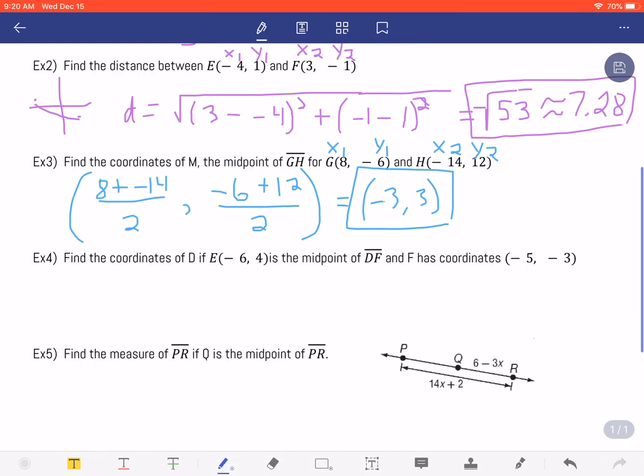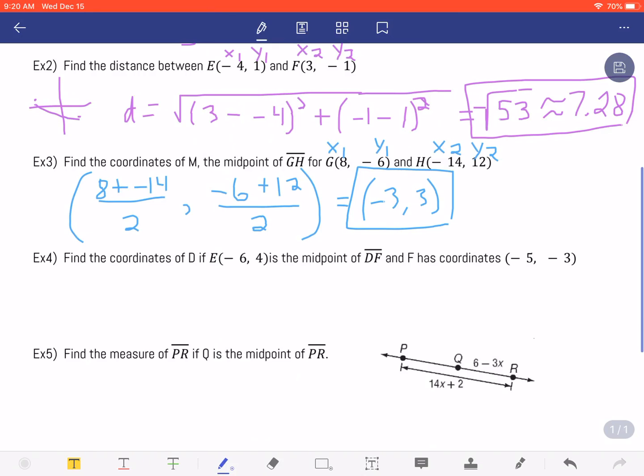Okay, example 4 says find the coordinates of D if E is the midpoint of DF and F has coordinates -5, -3. So we know the midpoint, we don't know what the coordinates of point D are. So what we're going to do is set up two little equations here.